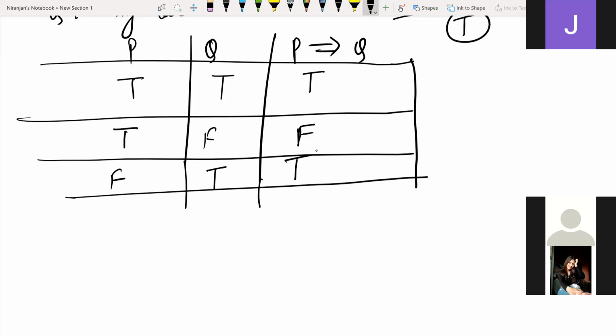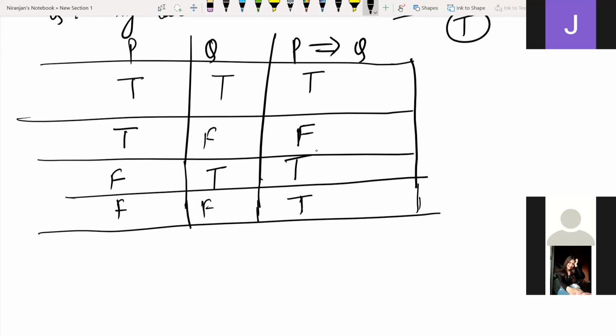That's why it's true. Now, similarly, if this is false and this is false, what do you think the implication could be? True. But tell me why it is true.